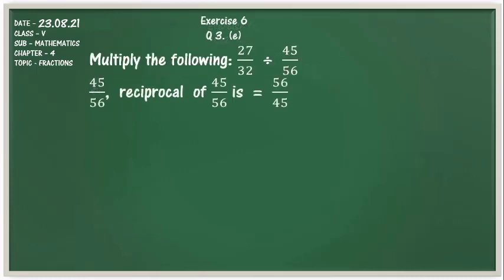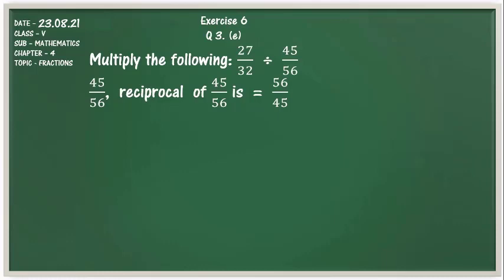Exercise number 6, question number 3, E. Multiply the following. 27 upon 32 divided by 45 upon 56. Here we have to divide by the fraction 45 upon 56. So first step is to find out the reciprocal of 45 by 56, which is equal to 56 by 45.